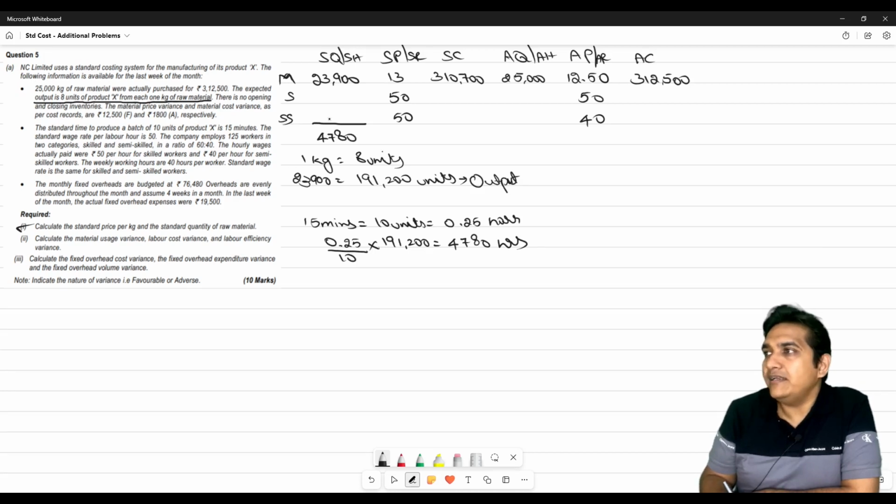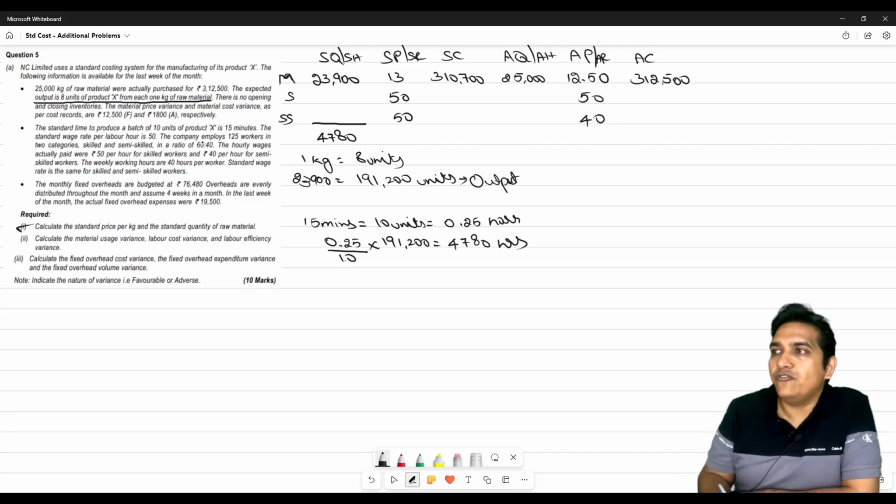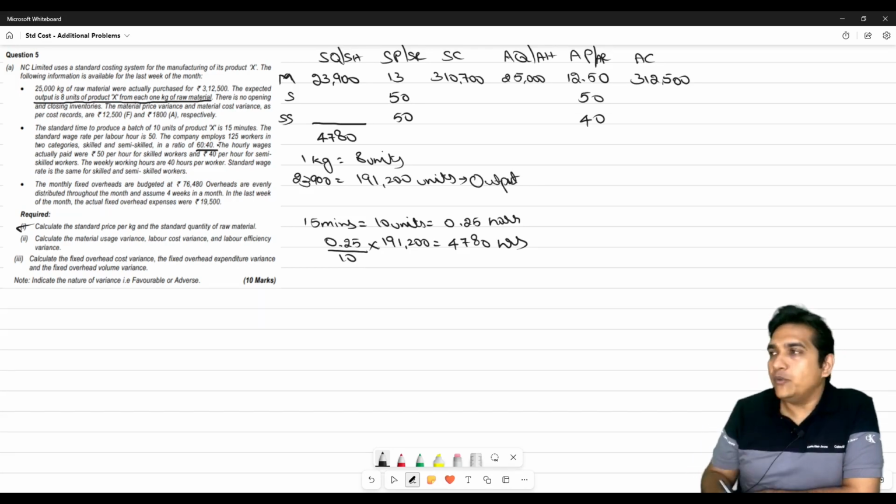4780, right? So now since we have got 4780, the question says that the workers are employed in a ratio of 60:40. So we will divide this 4780 in the ratio of 60:40.